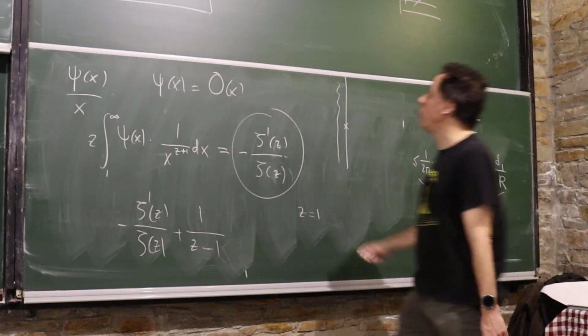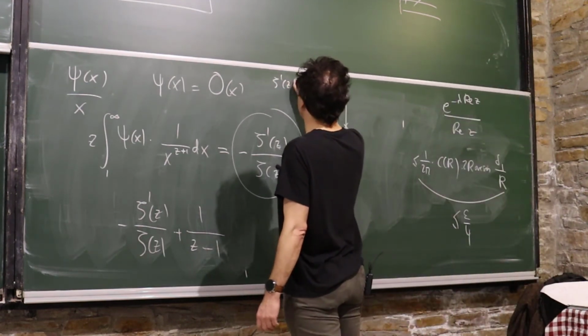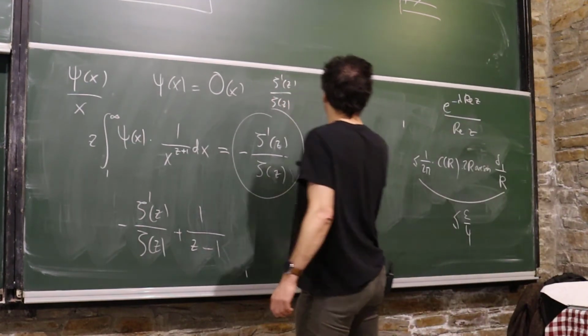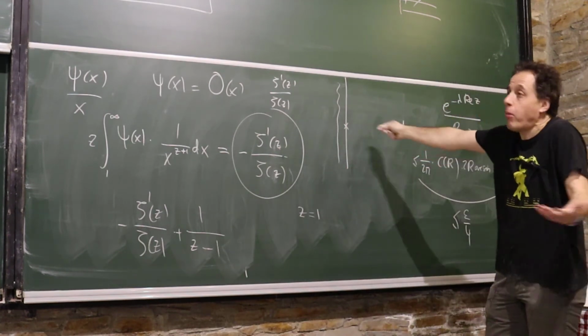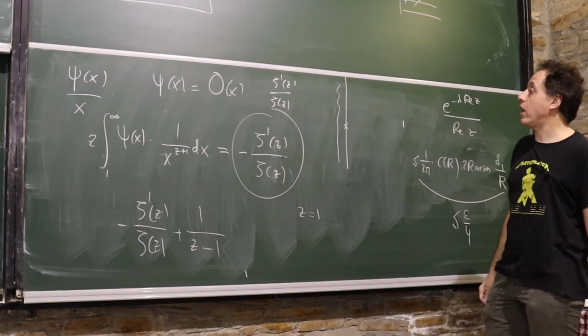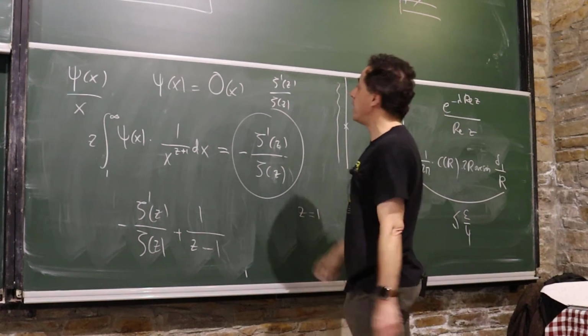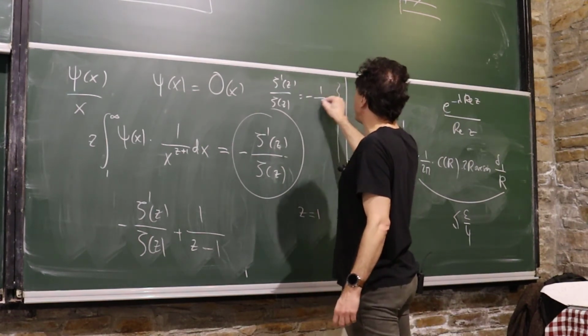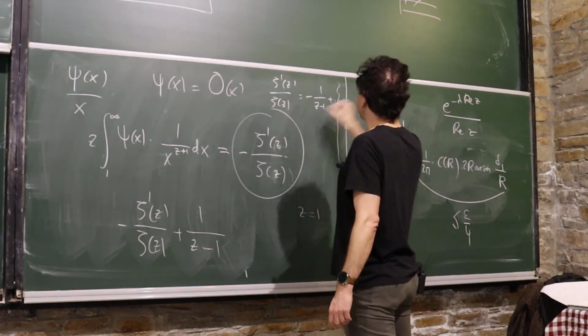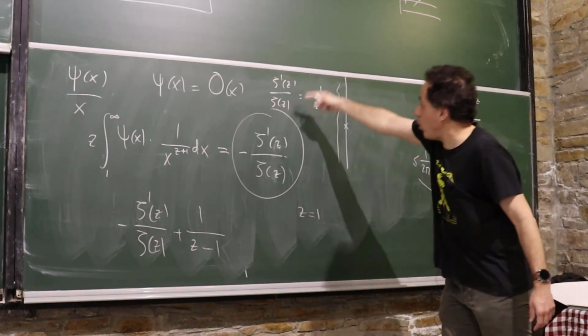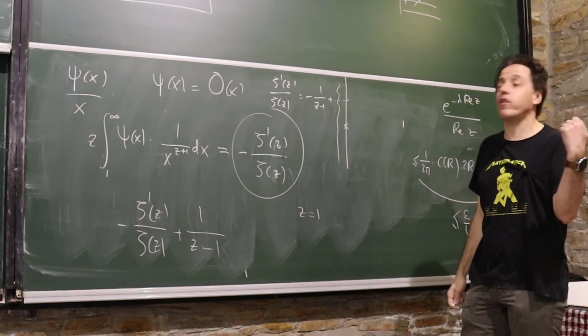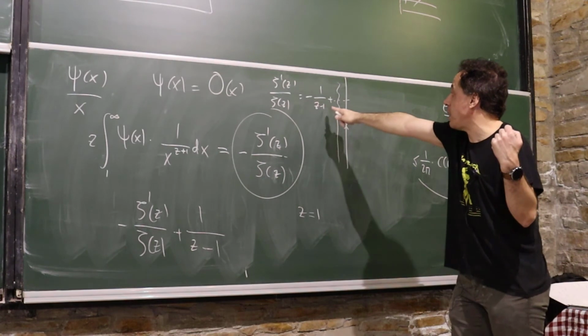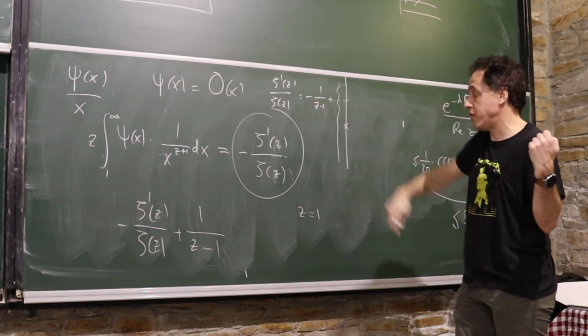So this logarithmic derivative, zeta prime of z over zeta of z, has a pole here, the only point where perhaps it could not be correctly defined, but it has some expansion as minus 1 over z minus 1 plus something holomorphic. Always, when there is a pole of order 1, the expansion of the logarithmic derivative around this pole is of this type.